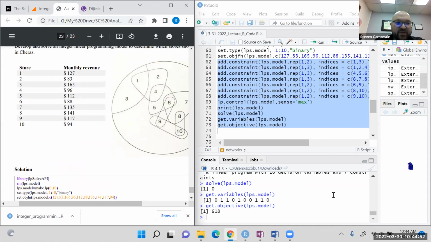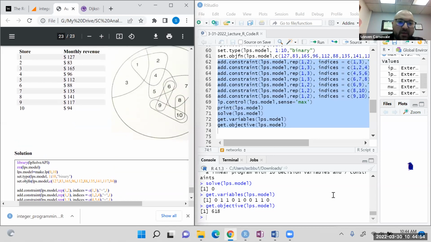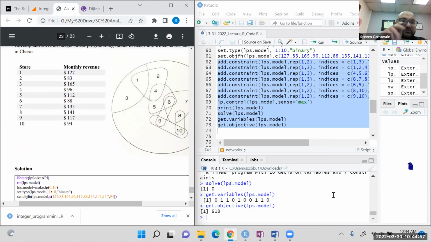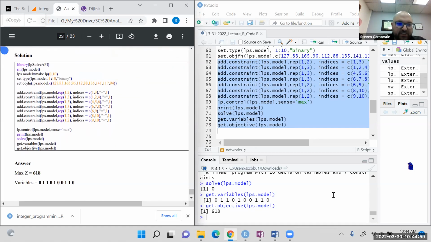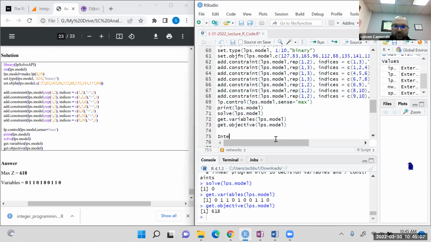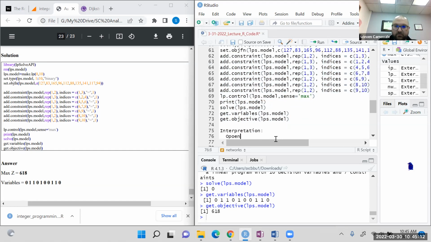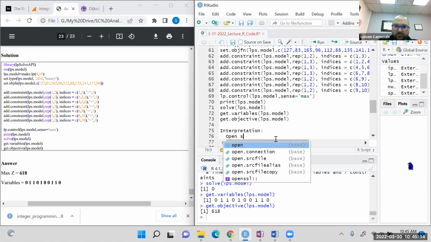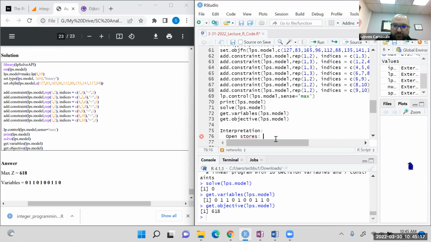If you add up the monthly revenues, it could be in thousands, millions, hundreds, whatever, it will collectively accumulate to 618. So when we locate in stores, I'll just type it. The interpretation: open stores 2, 3, 5, 8, and 9.